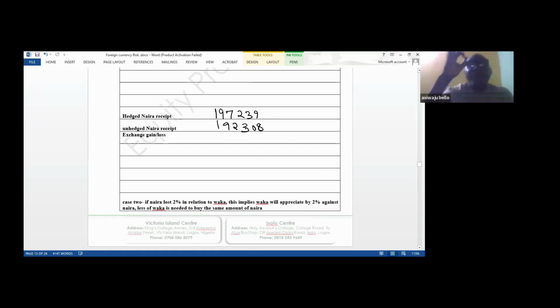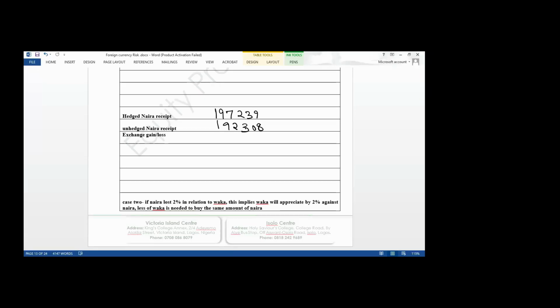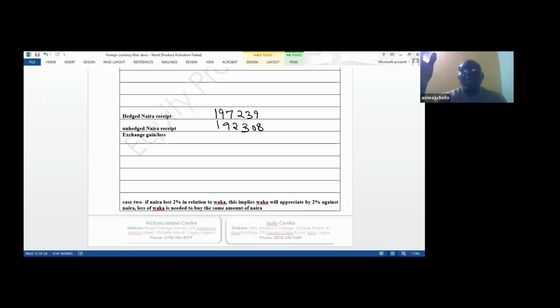Because we have hedged under the forward market, our company will receive 197,239. Assuming we have not hedged, we would have gotten 192,308. This is an exchange gain. By hedging, we are gaining.